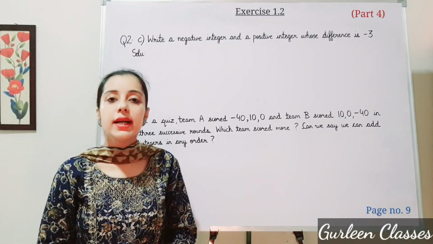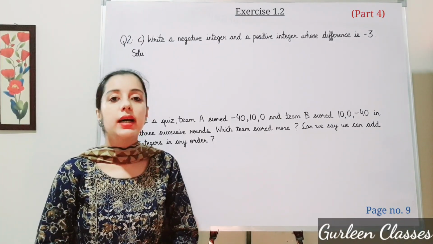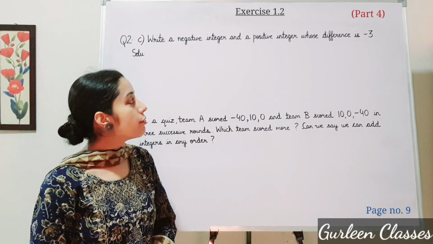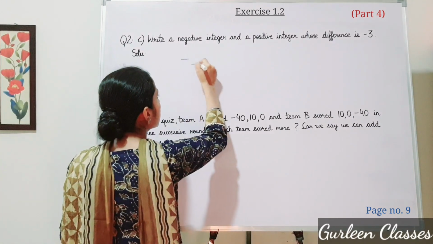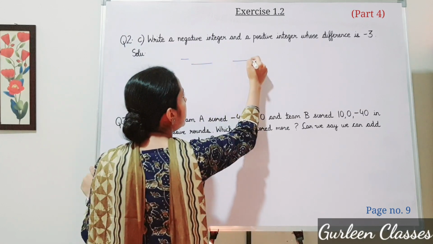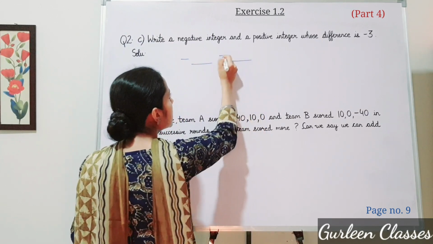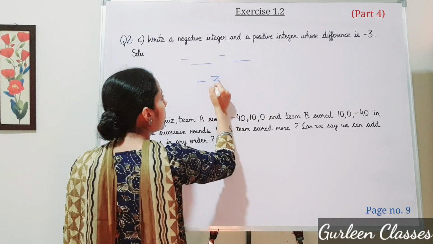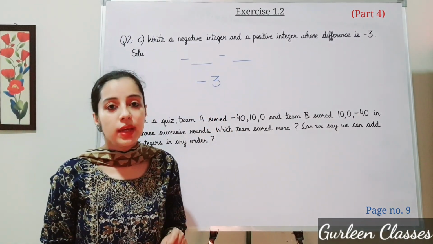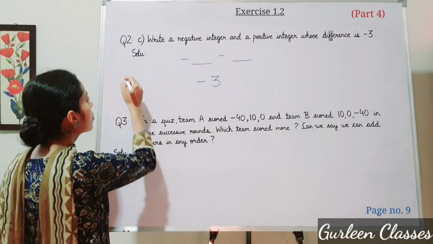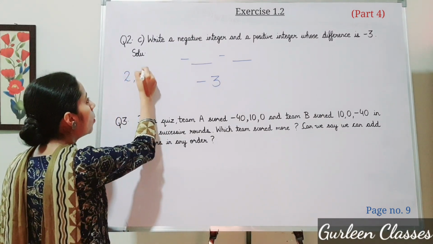C part, write a positive integer and a negative integer whose difference is minus 3. We have to write down the negative integer and positive integer whose difference is minus 3. So let us think of those numbers which we add and we get 3. So the numbers could be 2 and 1.